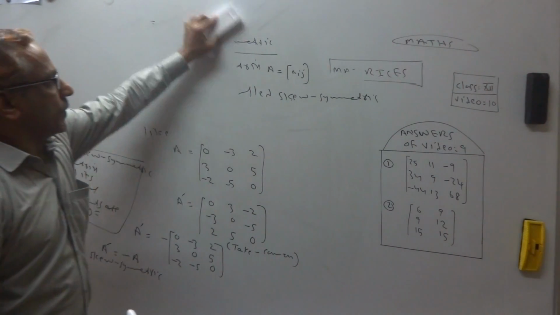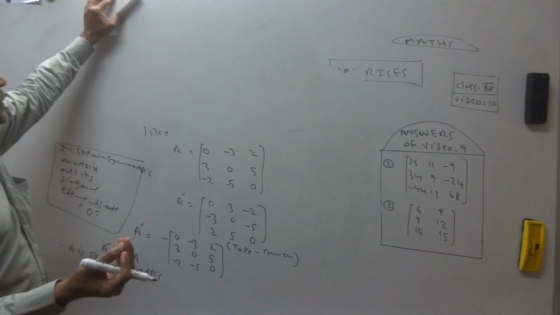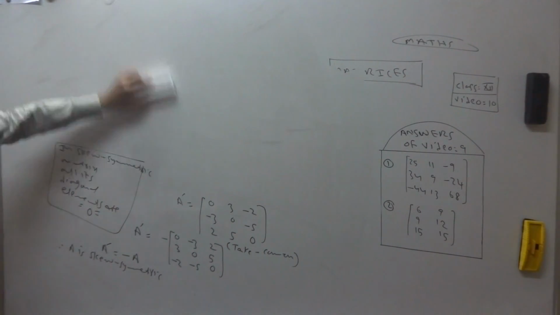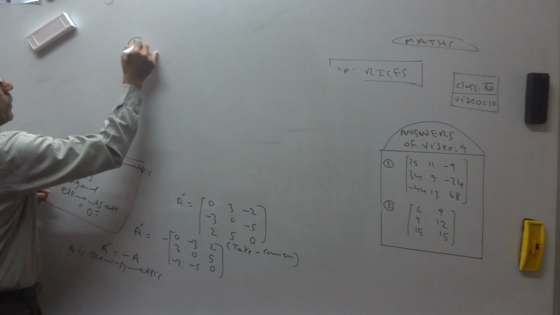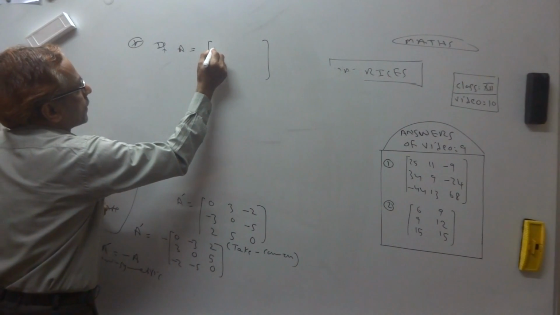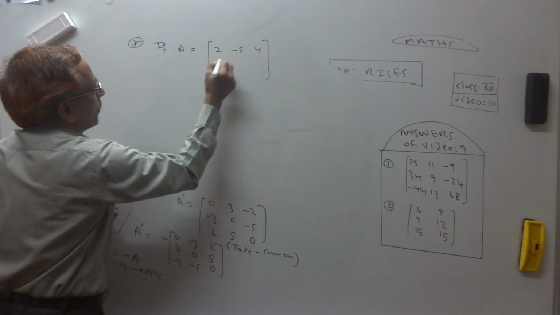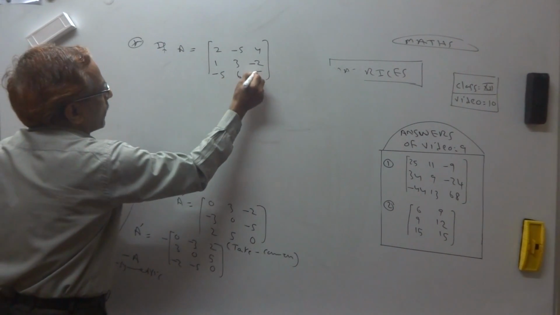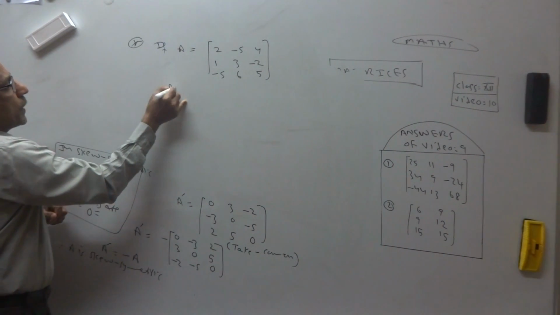Now please see. We do questions. One question. Again this will be continued in next video. If A is 2, minus 5, 4, 1, 3, minus 2, minus 5, 6, 5. Prove that A plus A dash is symmetric.